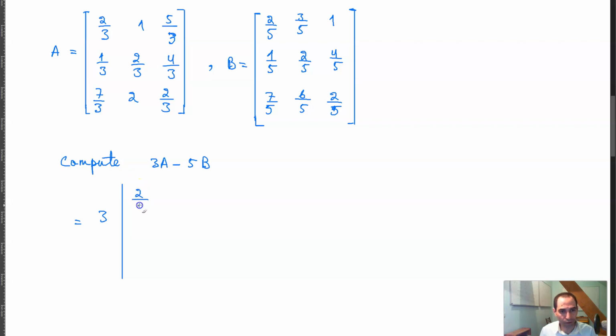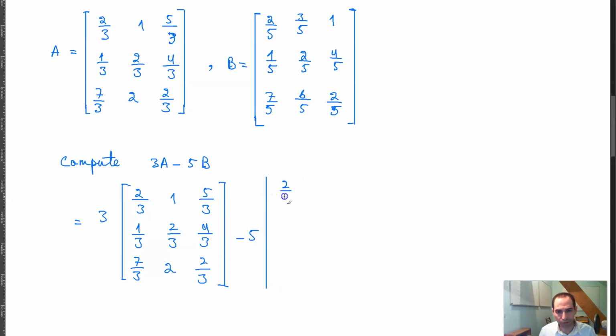That is 2/3, 1, 5/3, 1/3, 2/3, 4/3, 7/3, 2 and 2/3, minus 5 times B, which is 2/5, 3/5, 1, 1/5, 2/5, 4/5, 7/5, 6/5, and 2/5.